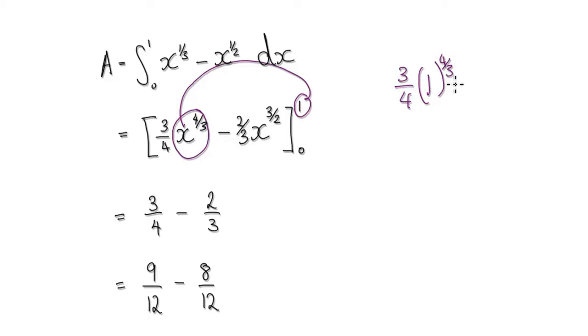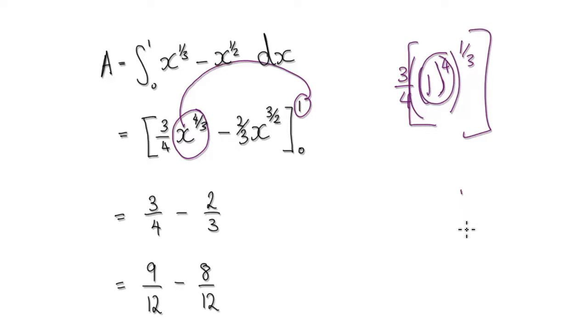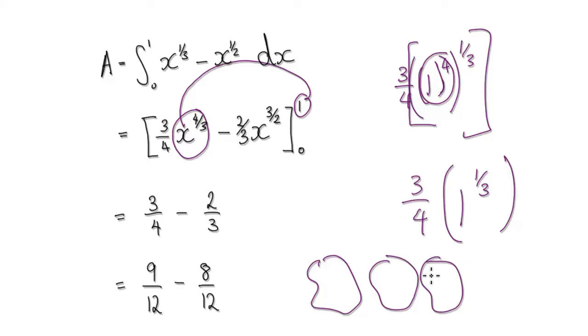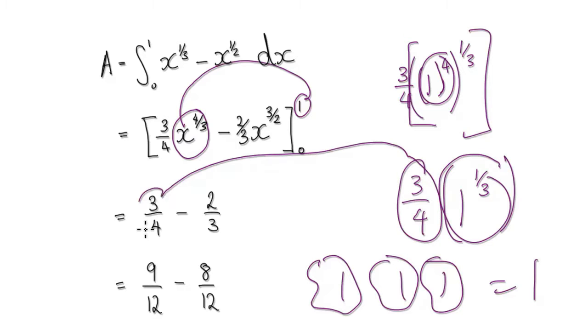You can visualize 4 over 3 as the cube root of x to the power of 4. 1 to the power of 4 is just 1, so it's 3 over 4 times the cube root of 1. Think of a number which, when you multiply it by itself 3 times, gives you 1. It turns out to be 1 times 1 times 1. The cube root of 1 is 1, so it just leaves you with this.